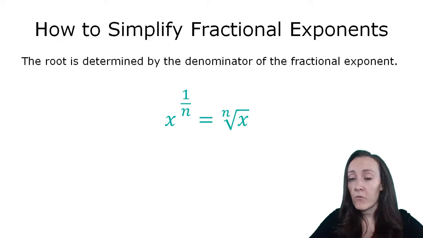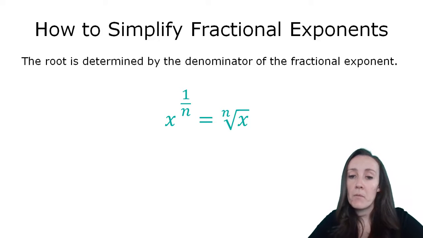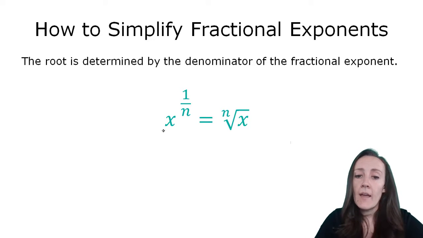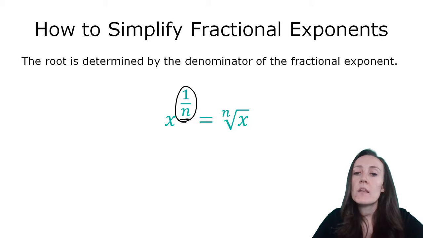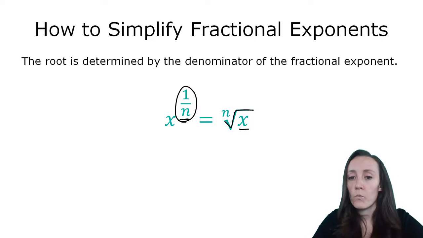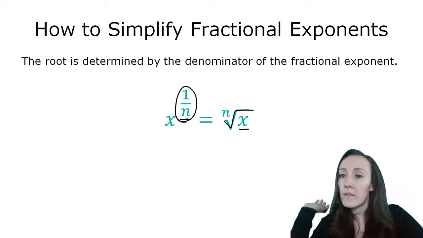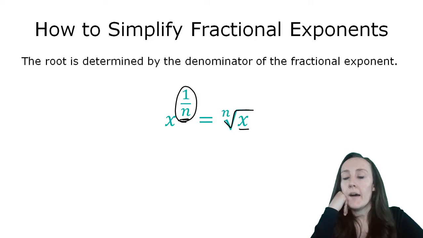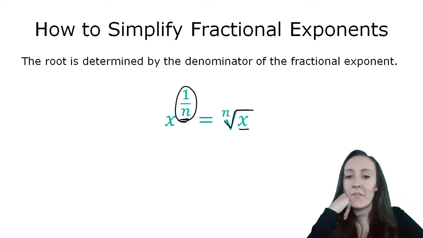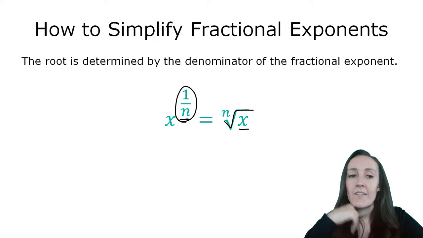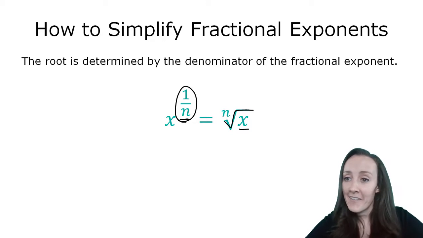If you want to write a formula in your math notes, you can say that x raised to a fraction with n in the denominator is going to equal the nth root of x. So n could be a 2, which is a square root. It could be a 3, which is a cube root. Or it could be something crazy like an 8th root, where you'd have to figure out what the 8th root of the number is. So that's how you simplify fractional exponents.